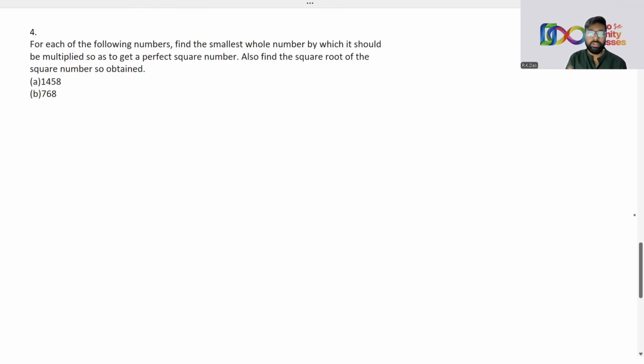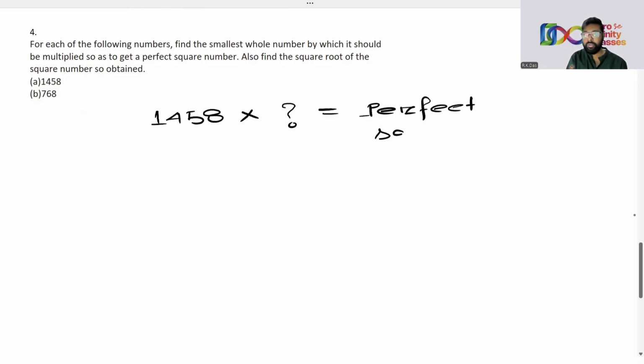So the question is we have given a number 1458, and what smallest whole number we will take to multiply with 1458 so that it becomes a perfect square.